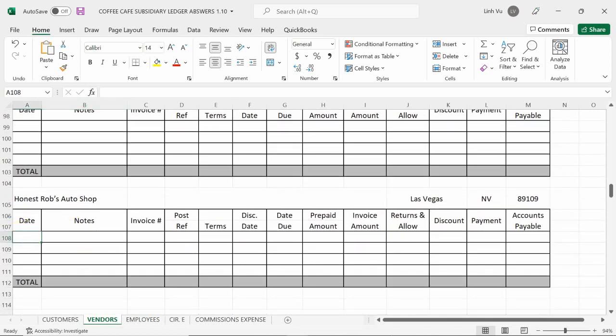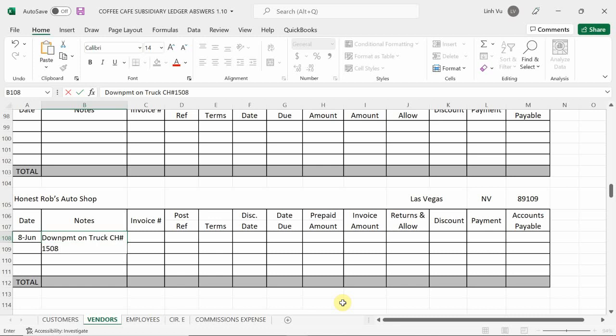Okay. So once again, we did this on the 8th. What did you do at Honest Robs? Well, you paid a down payment on a truck, right? Using check number 1508.